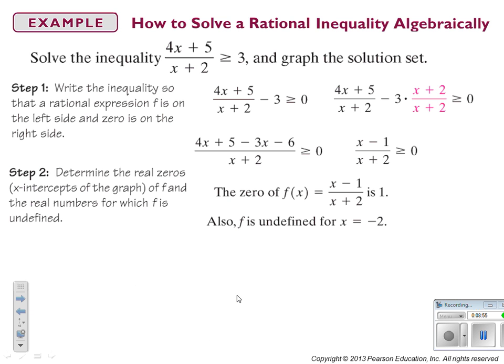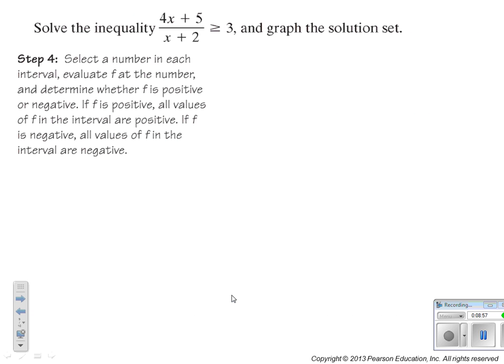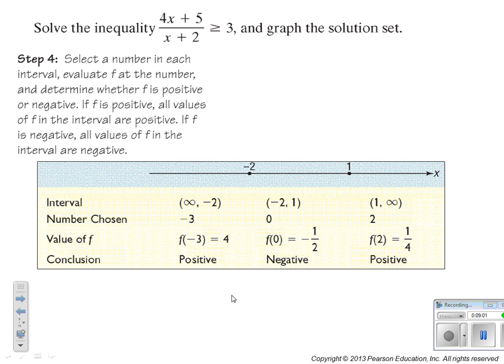So we're going to test the intervals, do a test situation between each one. So from negative infinity to negative 2, this is missing a negative, please put that in your notes.